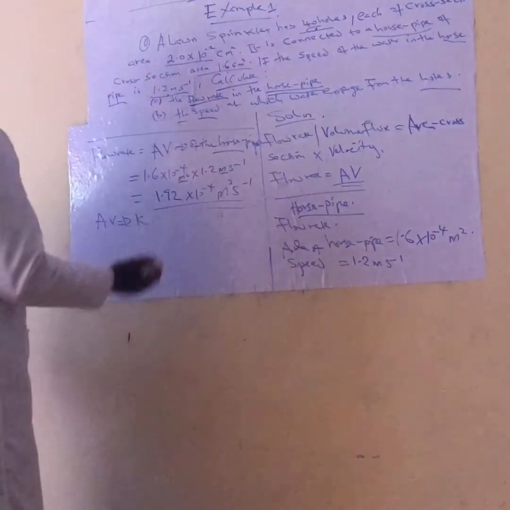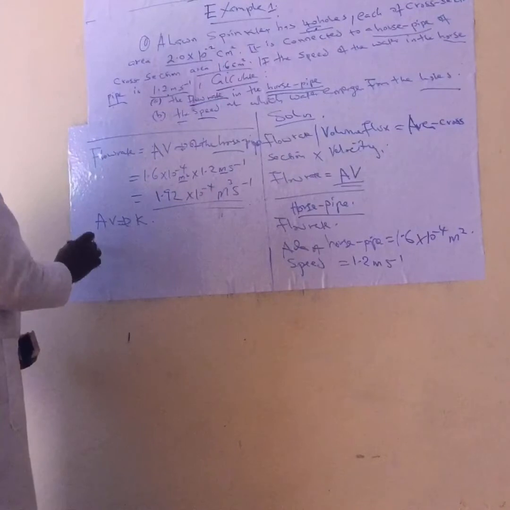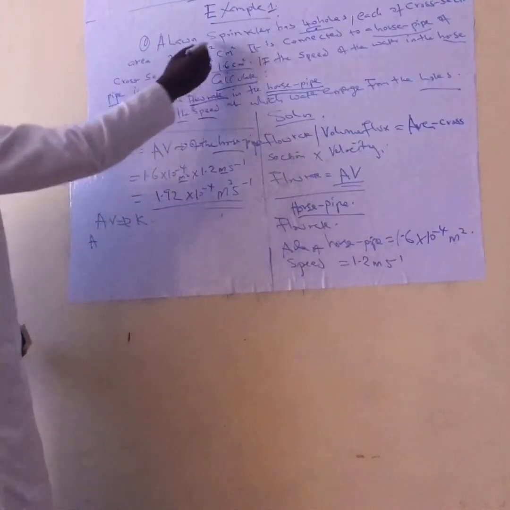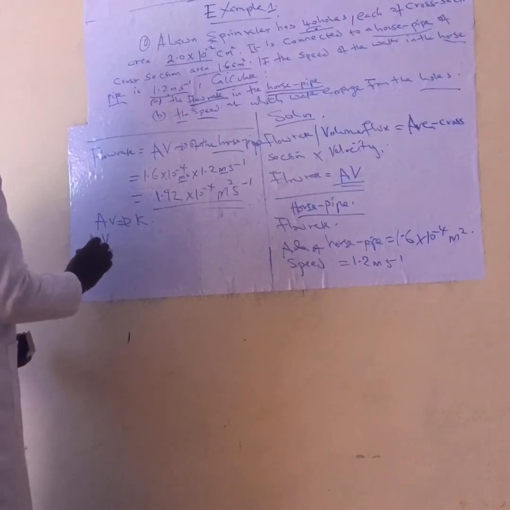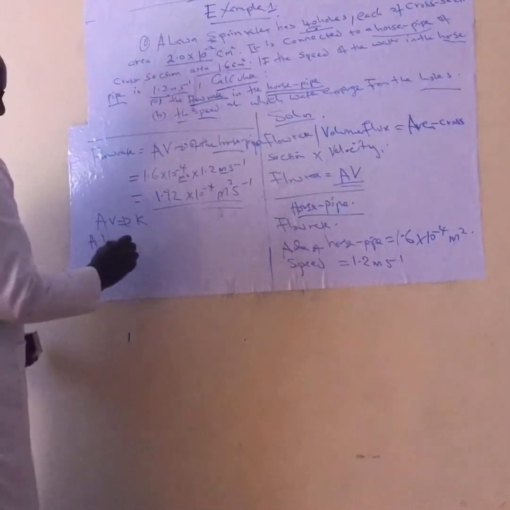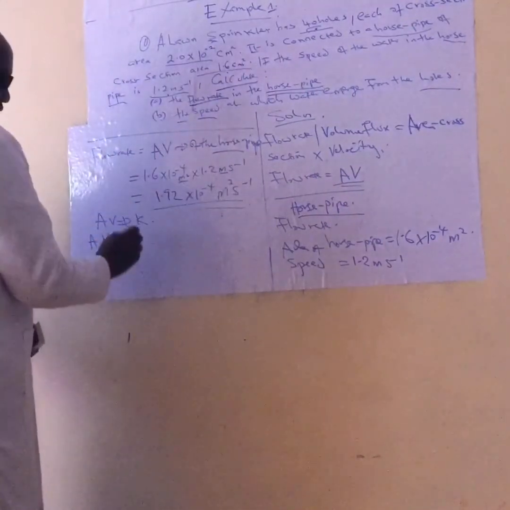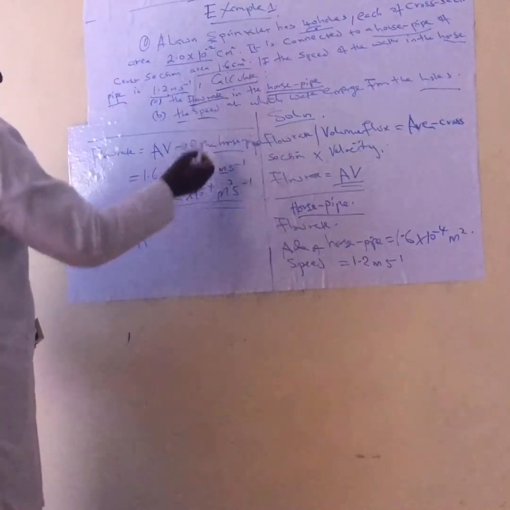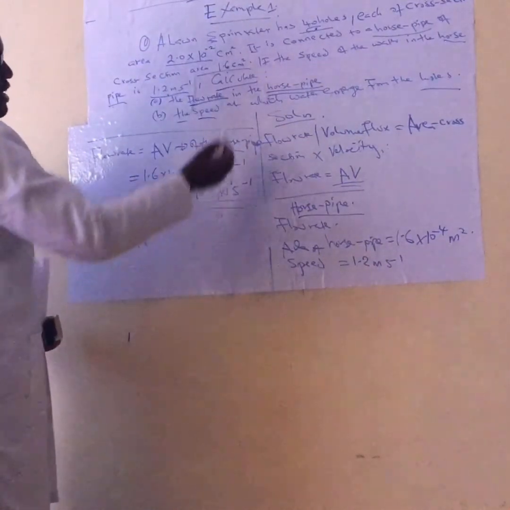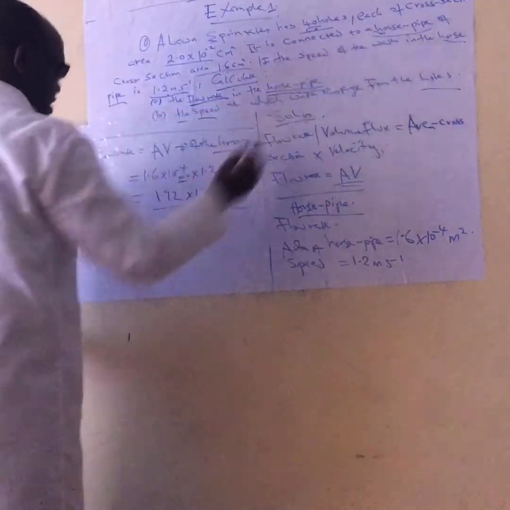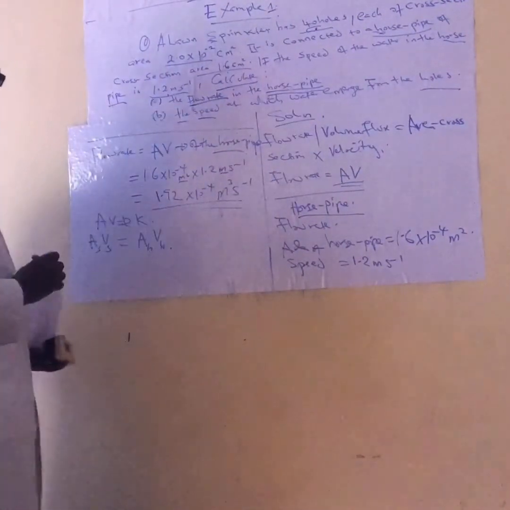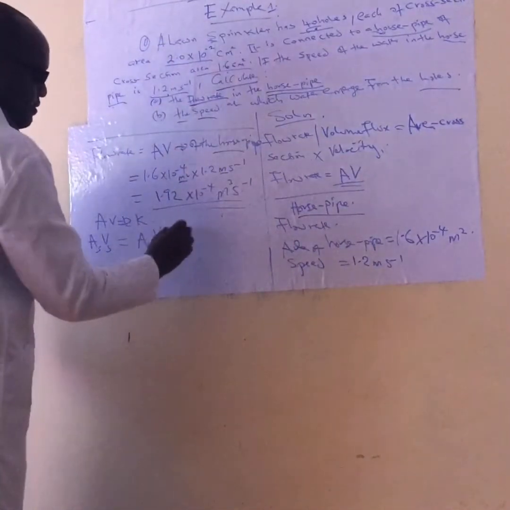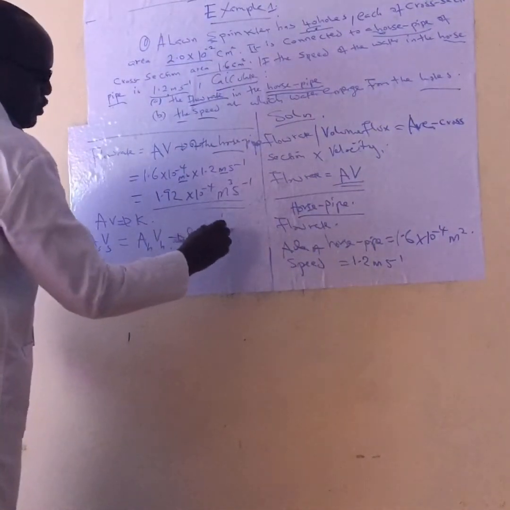So what does it mean? It means if we take S as the sprinkler, A_S multiplied by the speed v_S is equal to the area of the hose pipe, H being the hose pipe, A_H multiplied by v_H. This should be constant. Should be equal.